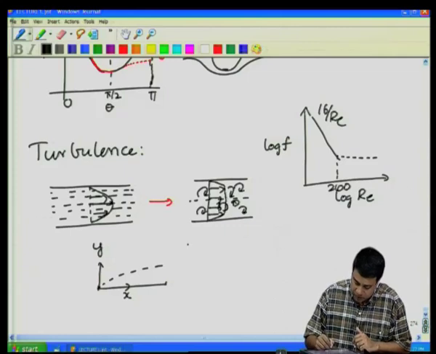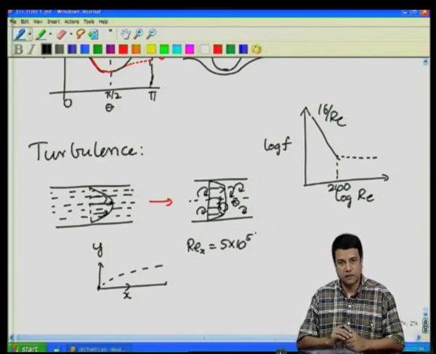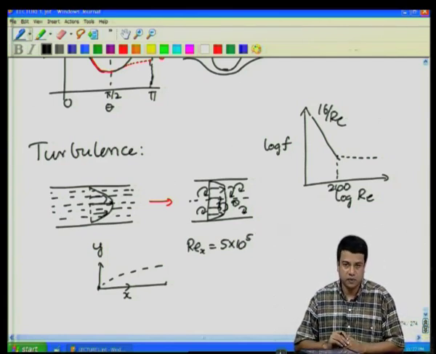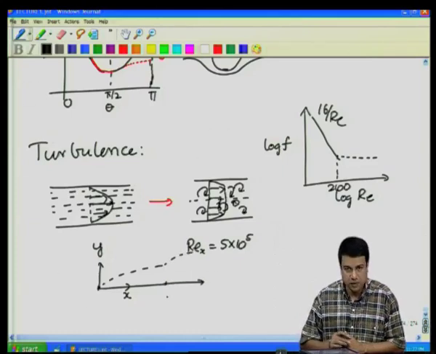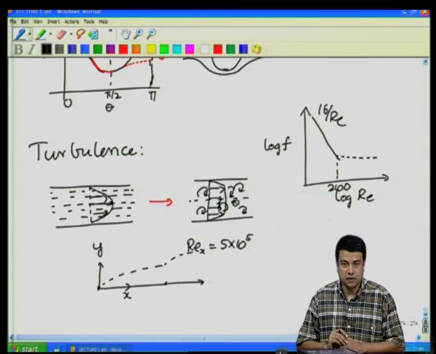The point is when the Reynolds number based upon x is equal to 5 into 10 power 5, about 500,000, the boundary layer profile itself becomes unstable. It is no longer laminar, and you go on to what is called a turbulent boundary layer, which follows a different law for the boundary layer thickness as a function of Reynolds number, okay, and it is much more dissipative.